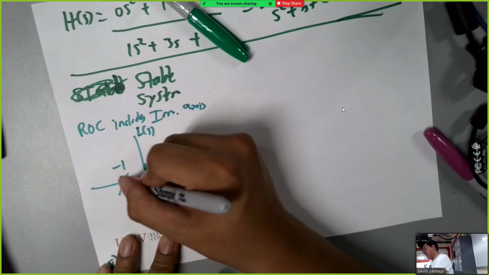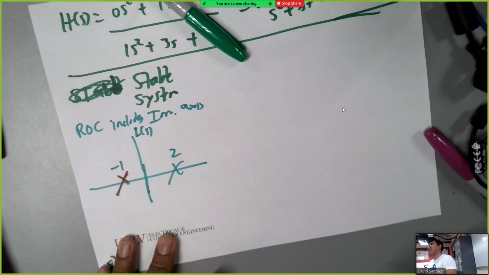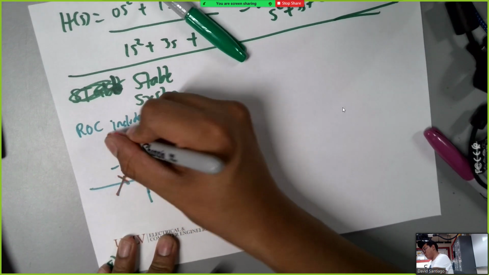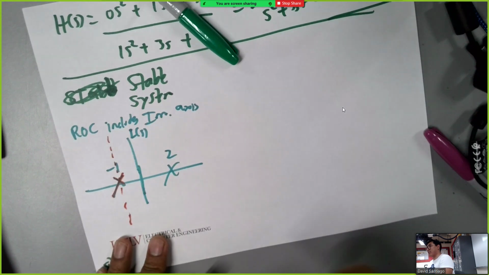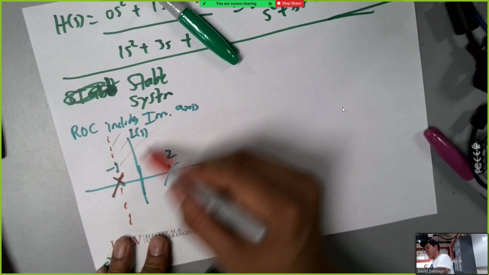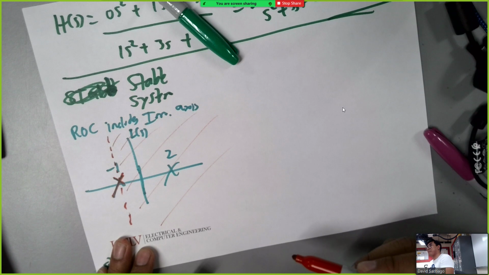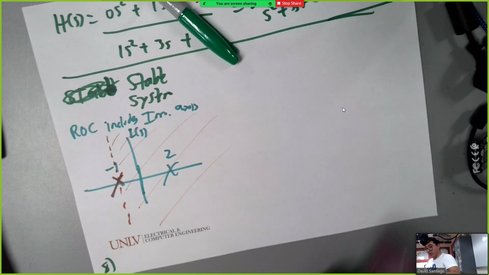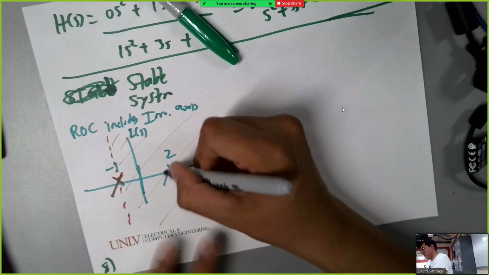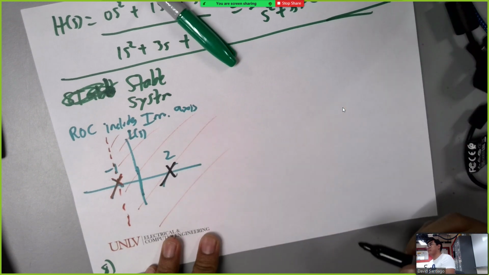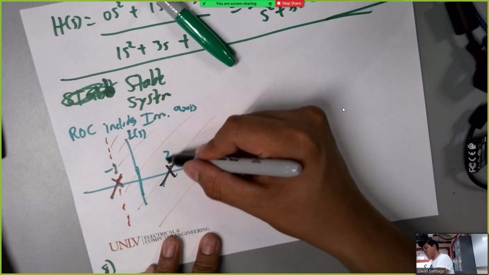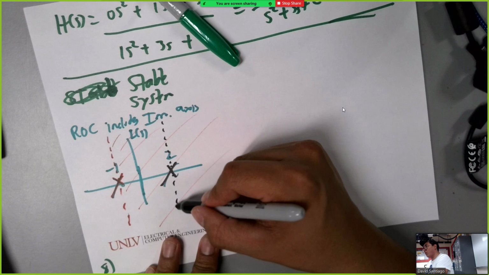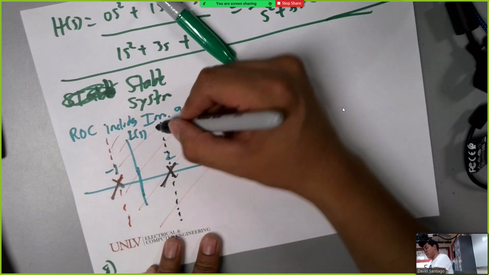Let's color this one red. If we were just looking at one pole, then the region of convergence is going to be like this. But for this system, let's color this one black. How do we make this pole stable? You've got to include this.